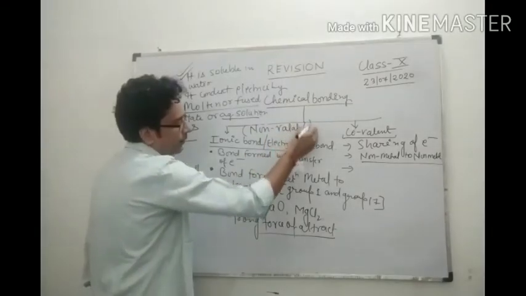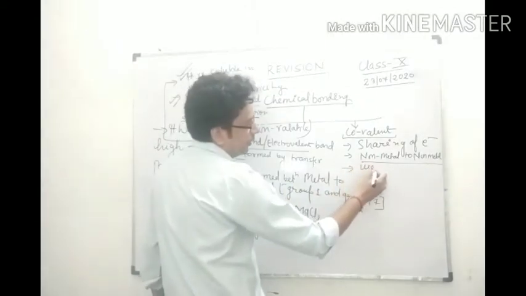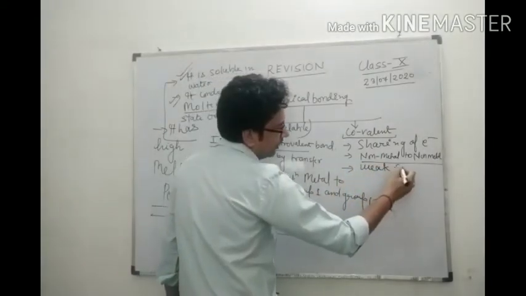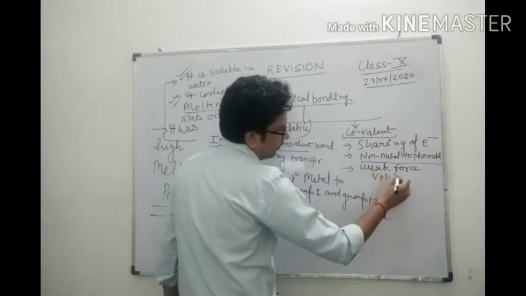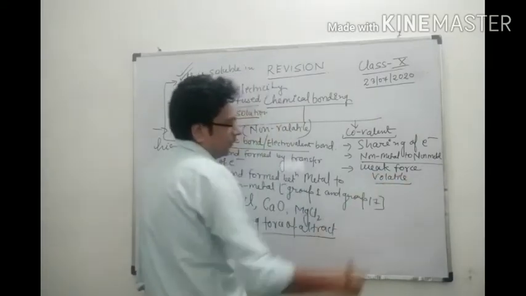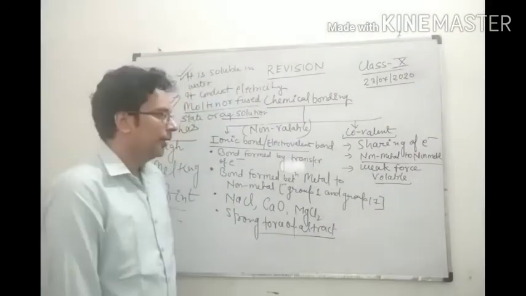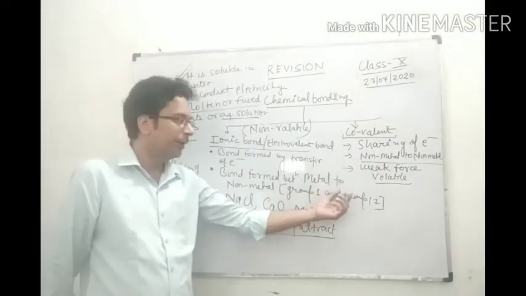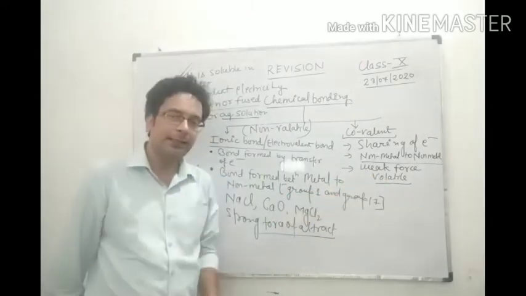And in a covalent bond, formed by the sharing of electrons between non-metal to non-metal, there is a weak force of attraction, that is why it is volatile in nature.